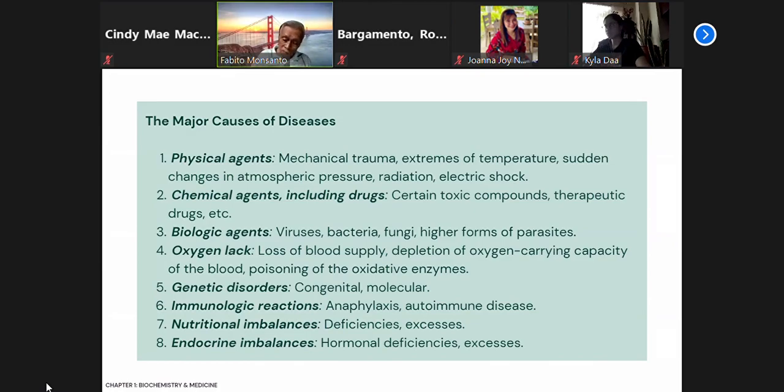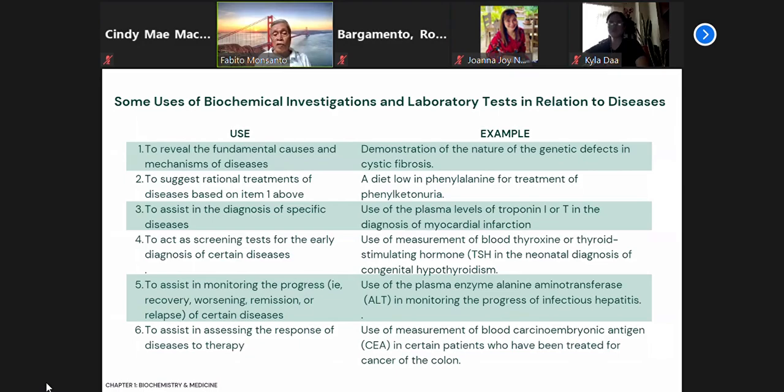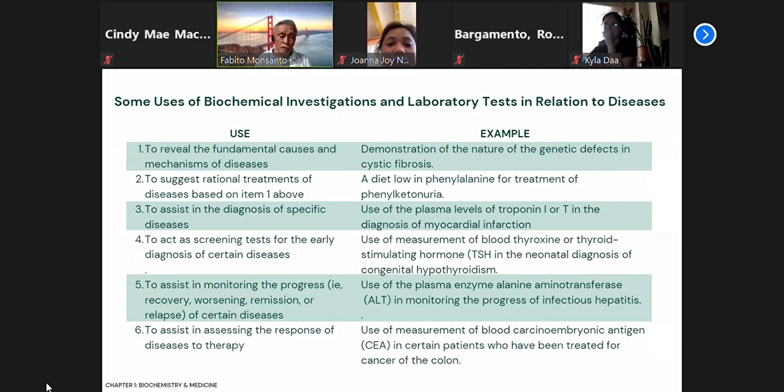Okay. Let's go to this one. Biologic investigations and laboratory tests that are being used. So on one column you have use, on the other column there on the right are examples.